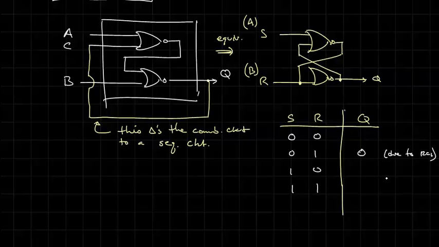All right. Now similarly, if both of them are high, right here, then I also know that Q is going to be low, again because of R being equal to 1.